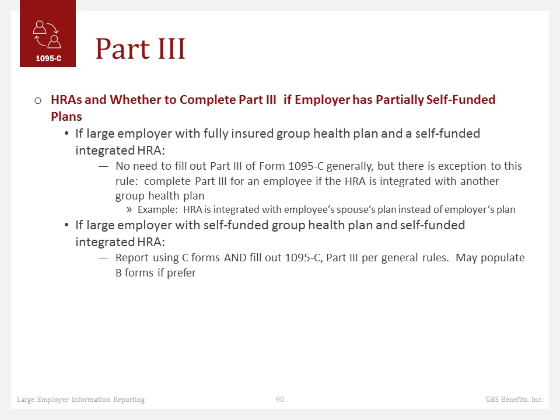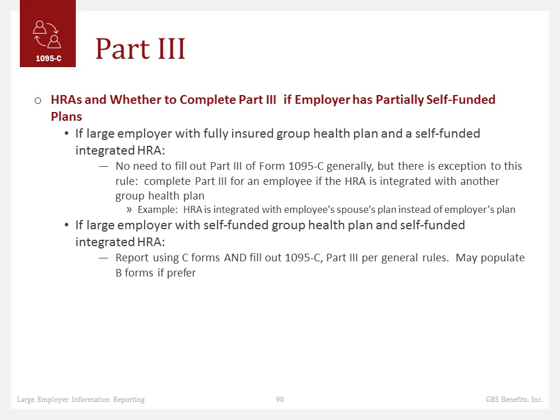However, there is an exception. You do need to fill out Part 3 for an employee if the HRA is integrated with another group health plan. In other words, HRAs typically are integrated with your own group health plan to help cover costs.